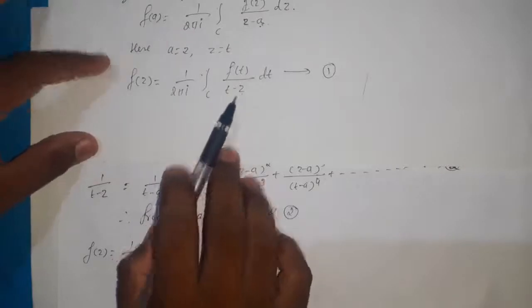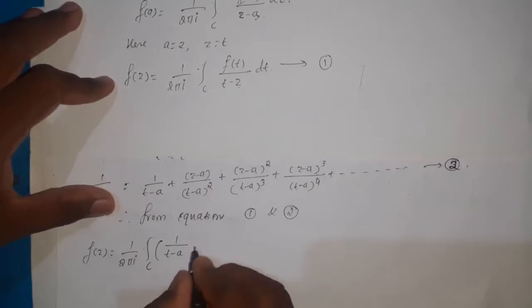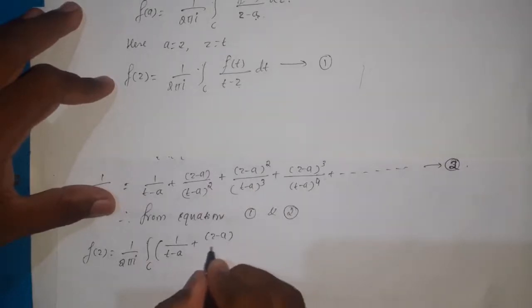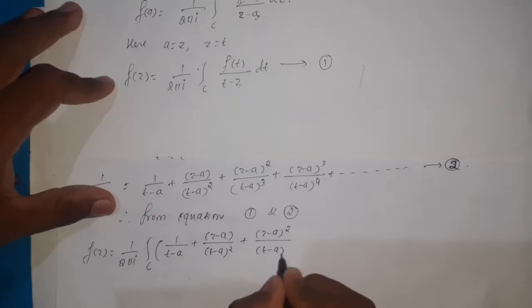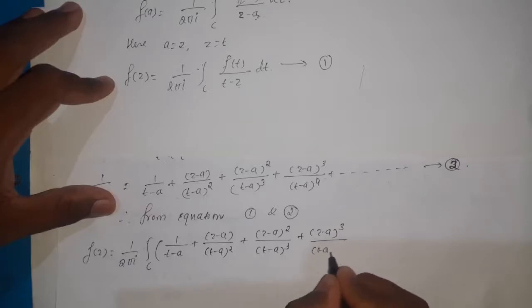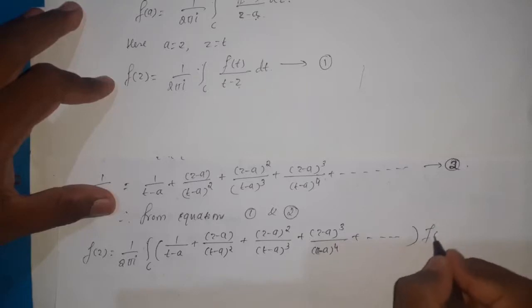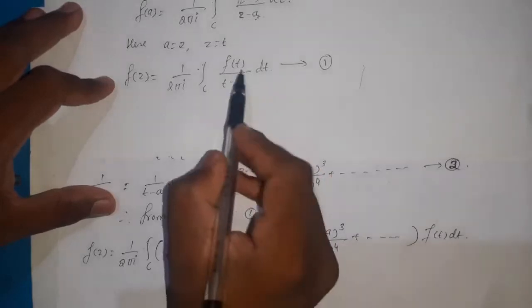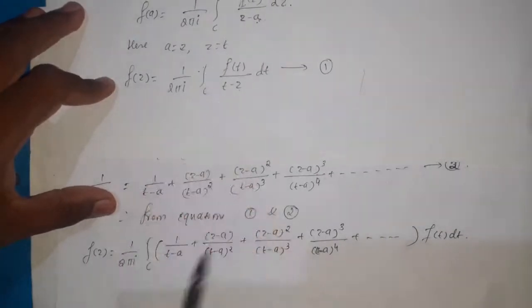Now 1 divided by t minus z is equal to this one, that is 1 upon t minus a plus z minus a upon t minus a whole square plus z minus a whole square upon t minus a whole cube, z minus a whole cube upon t minus a whole power 4, and so on up to infinity, f of t dt. So here we have f of t dt, and that 1 divided by t minus z is the series.